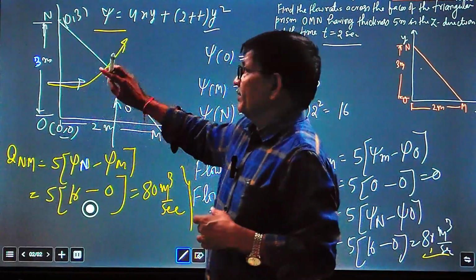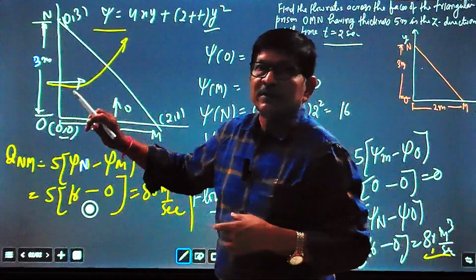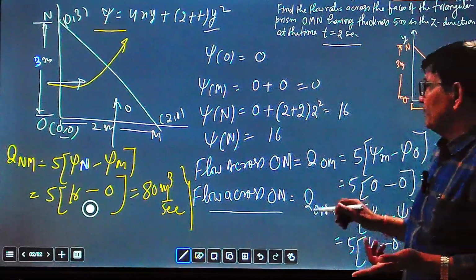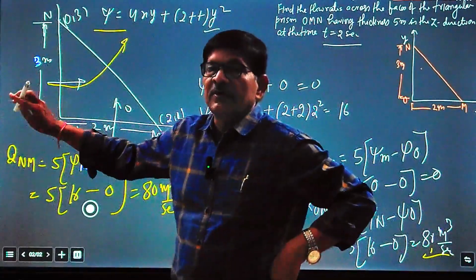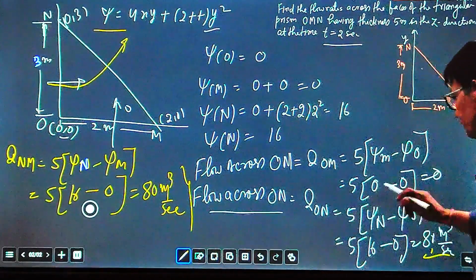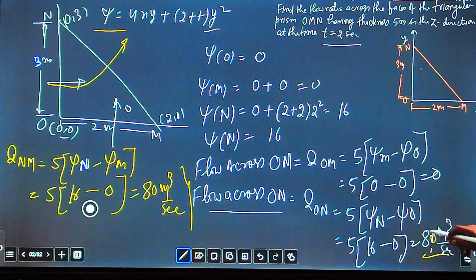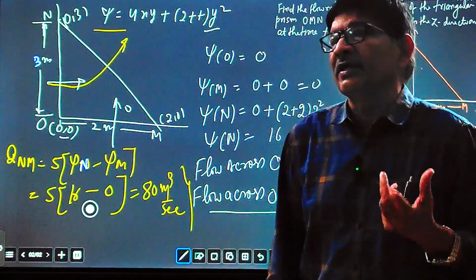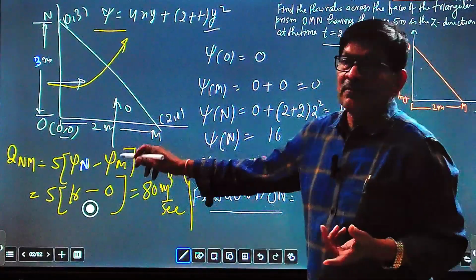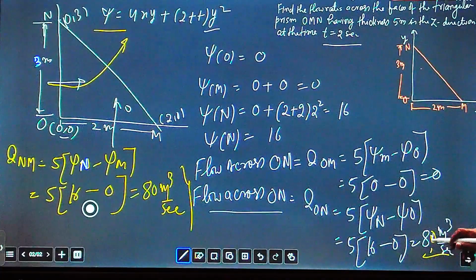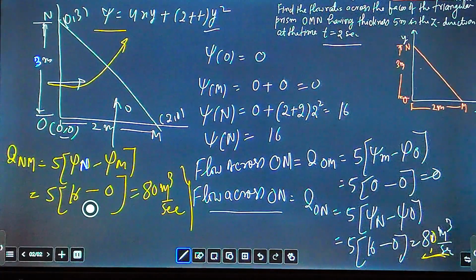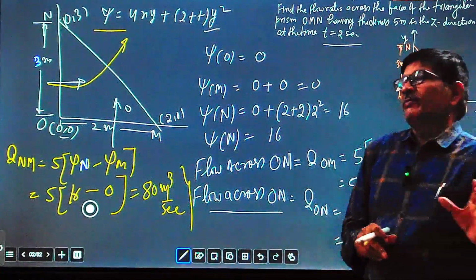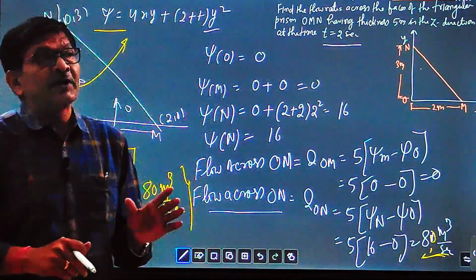Here the thickness was given as 5 meters, that's why we multiplied by 5 meters, so it becomes 80 meter cube per second, not 80 meter square per second. 80 meter square per second is when we take only area, not thickness. When thickness is given, it becomes psi into thickness, which is the flow rate Q across ON, OM and NM. So this is a very small but very significant discussion.